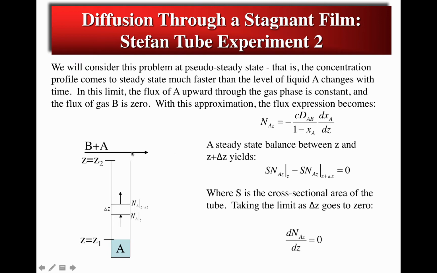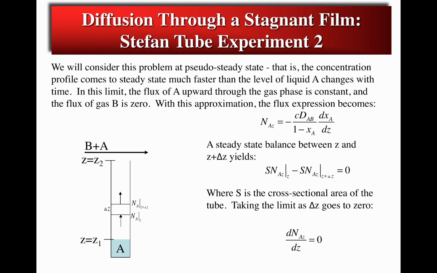B that's blowing by. A consequence of this pseudo-steady state approximation is that the flux of B in this tube is 0 under that approximation. Now, in fact, that's not quite true, because as the liquid level A is depleted, more B comes into the tube to displace it, and so the flux of B is very slowly changing in time.